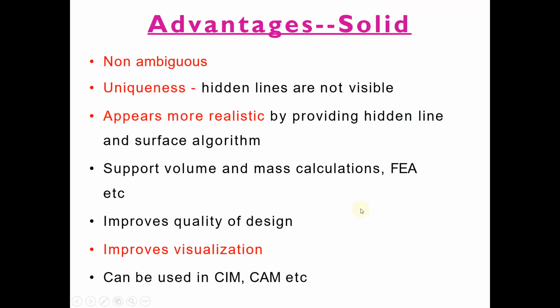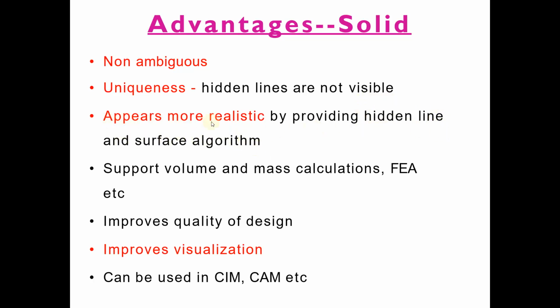Let us see some of the advantages. Solid modeling is not at all confusing. We can clearly identify the geometry of the solid model. Hidden lines are not visible, so it has a unique, more realistic appearance. Here we use a similar algorithm to the one used in the surface modeling technique, that is the hidden line and surface algorithm.